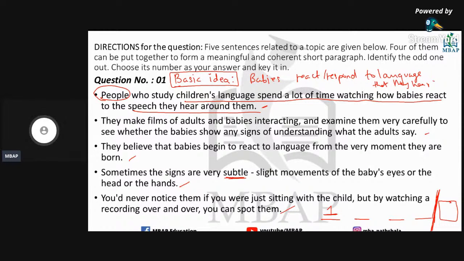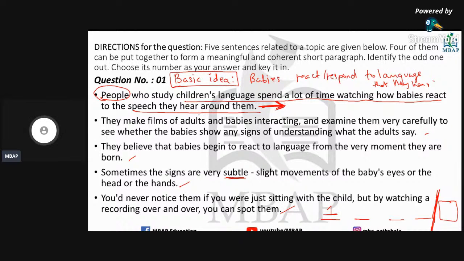Correct? And if you notice carefully, other than the first sentence, all the other sentences have cross references. You understand my point? When I say cross reference, it means that these sentences cannot be the first sentence. They are referred to or described in some other sentence, which is nothing but sentence one. So sentence one is an opening sentence.